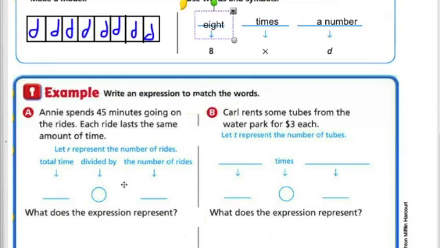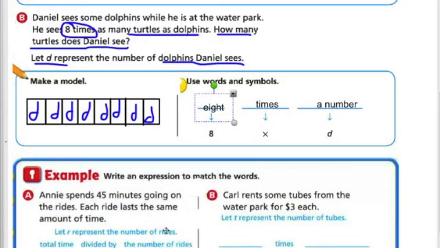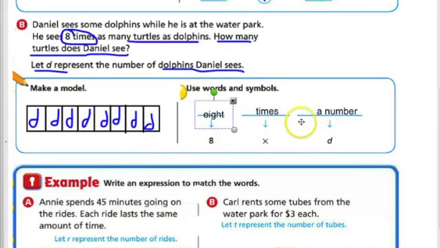Now, I want you to look at the next 2 examples, and I want you to figure out how you would put in the expression to match the words, and try to figure out what the expressions represent in both of these cases. Up here, this expression, 8 times a number, represents the number of dolphins that he saw.